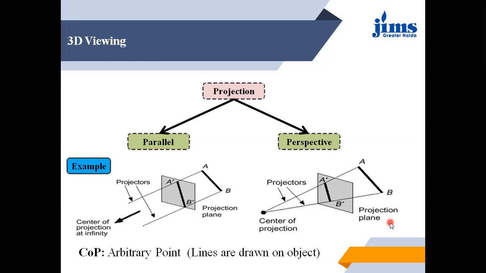And COP, as I told you over here, is an arbitrary point where lines are drawn on an object.